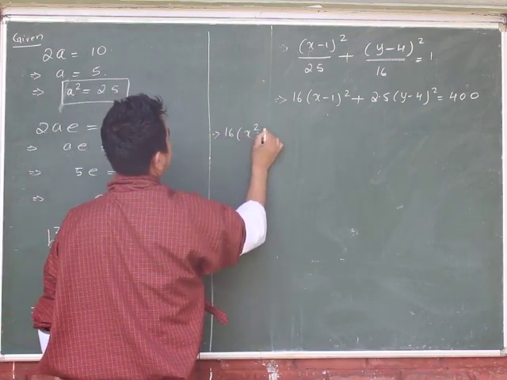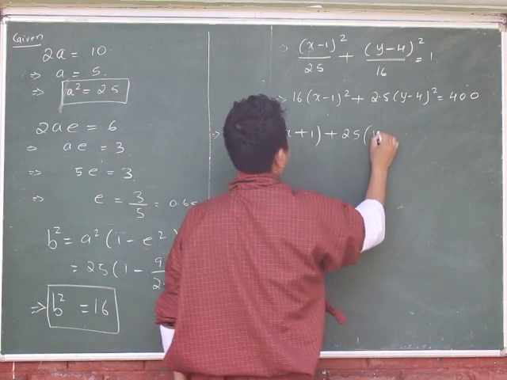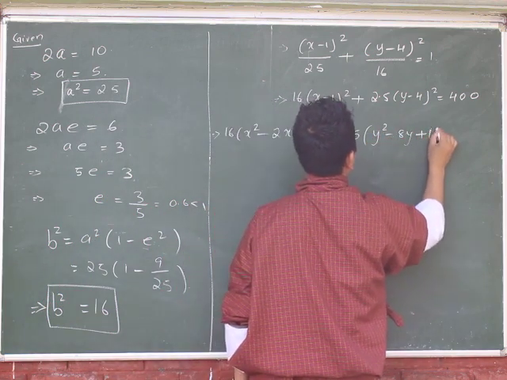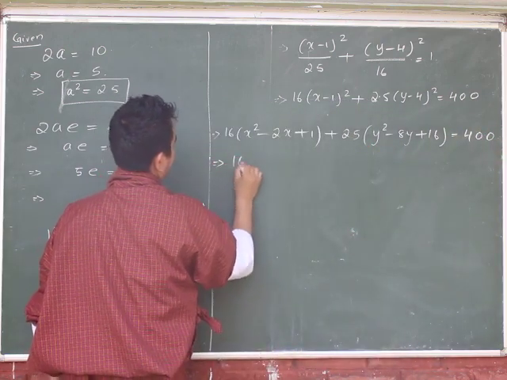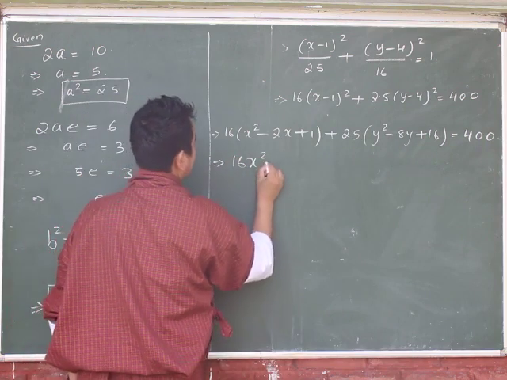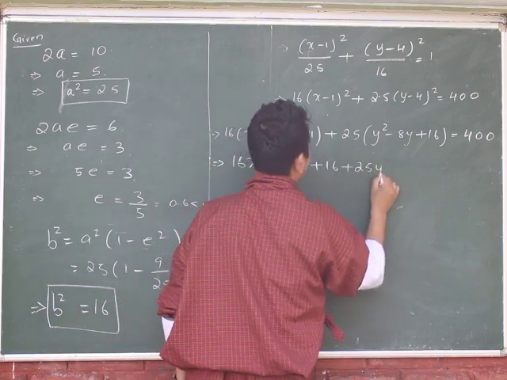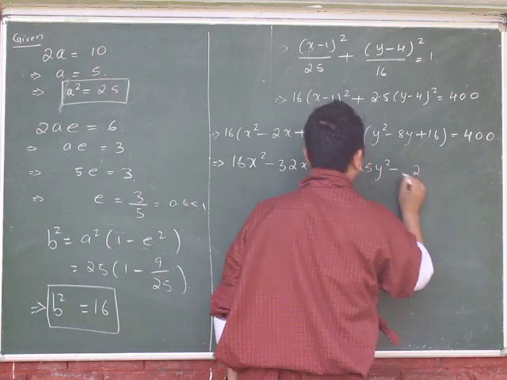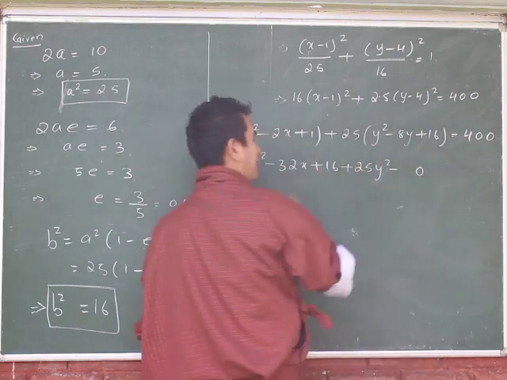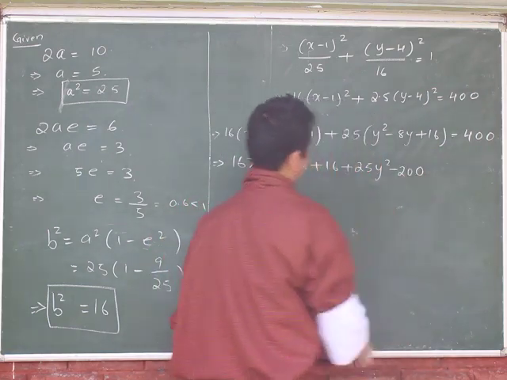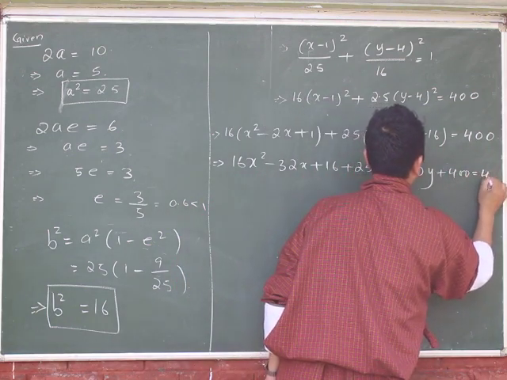16 times, please expand this: x square minus 2x plus 1, plus 25 times y square minus 8y plus 16, is equivalent to 400. Now open the bracket: 16x square minus 32x plus 16, plus 25y square minus 200y plus 400, is equivalent to 400. 8 times 25 is 200.